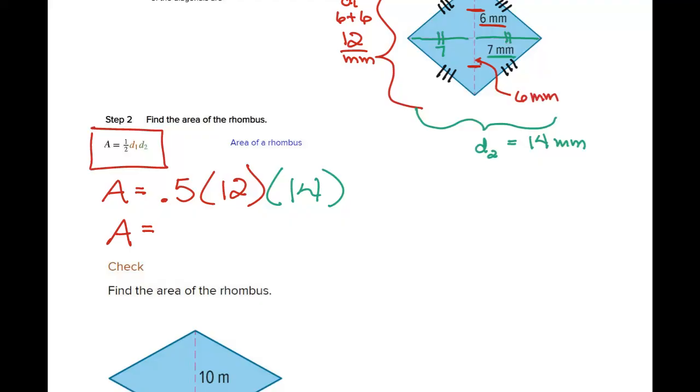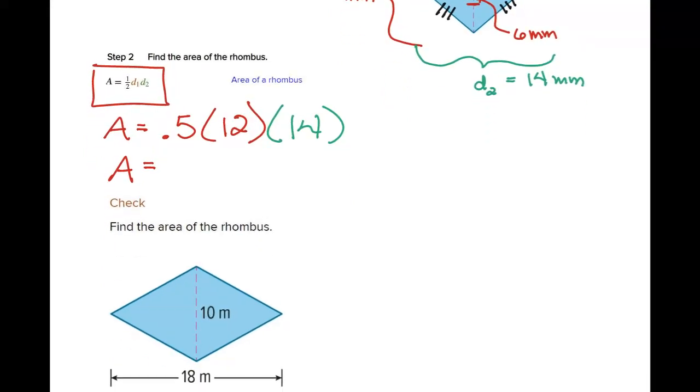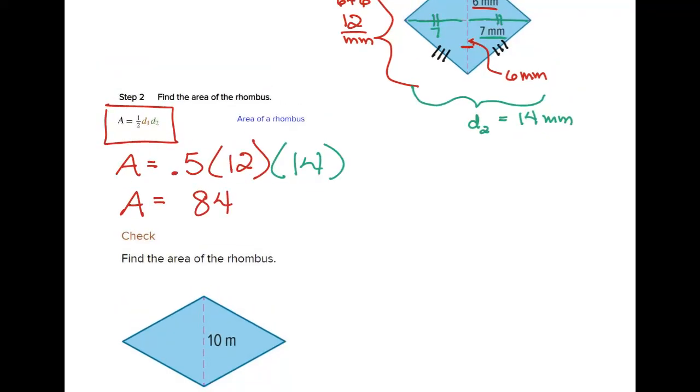And what do we get for an answer? That is correct, 84. And how am I going to label this? Millimeters squared. Yes, millimeters and then squared. Area is always in squared. Any questions about that particular problem?